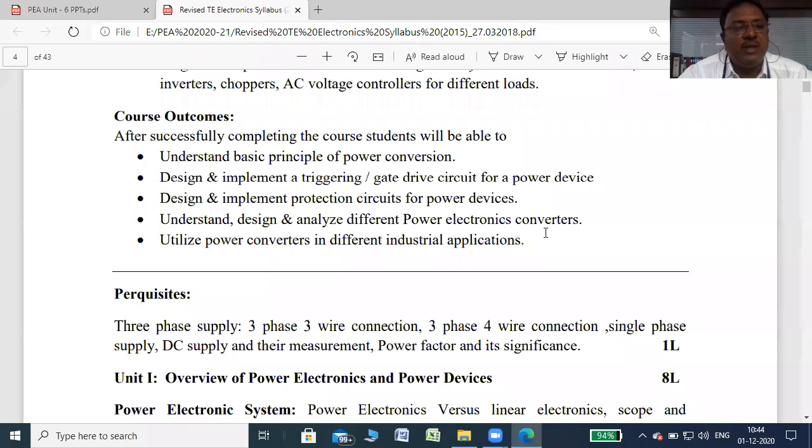So it is already covered. Understand, design, and analyze different power electronic converters, and then utilize power converters in different industrial applications.